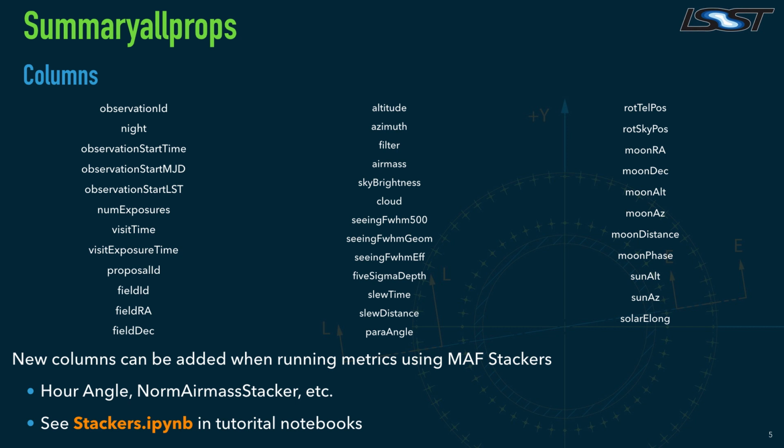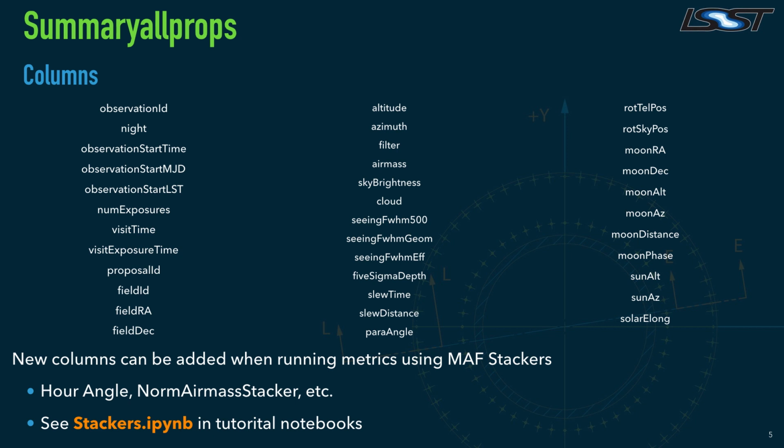And you might notice that there's some columns that you'd expect to be there that aren't. Things like the hour angle, if you look through this list, they're not there, or this normalized air mass. But MAF has these things built into it called stackers, and what a stacker does is it will take all the columns that it needs to calculate something like air mass or hour angle, and it will add that on if you're running a metric that needs to use the hour angle.